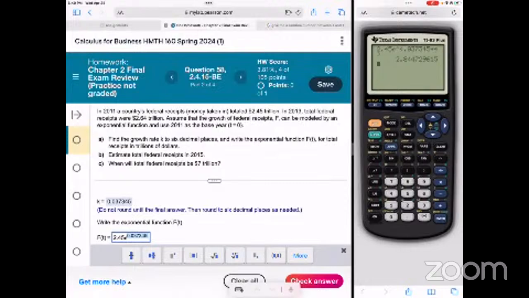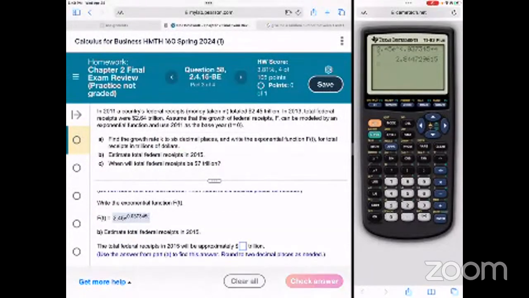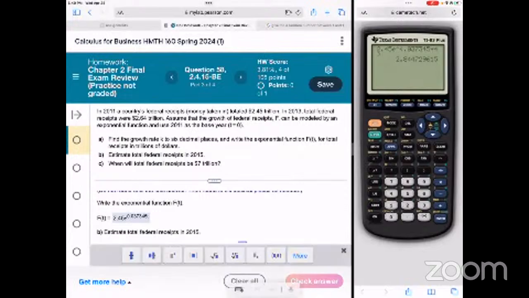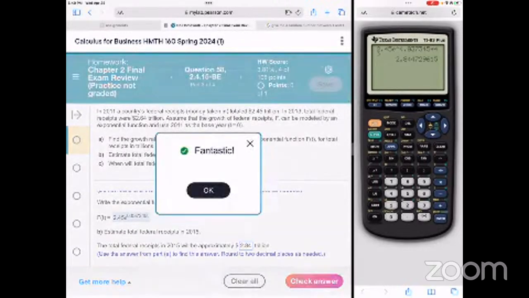That's the function that we used. And then if we want the amount in 2015, we said let T be 4, and we got a result of 2.84 trillion. That's not a point, 2.84 trillion. 2 decimal places. Cross our fingers. God is good, right? Okay, we got that one.